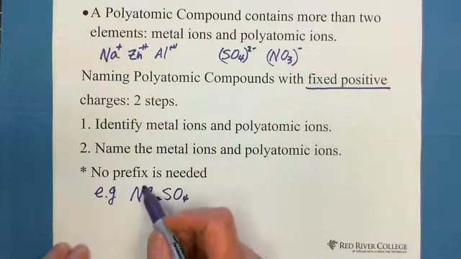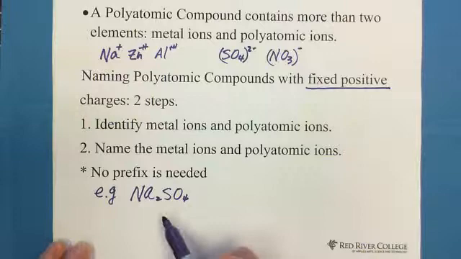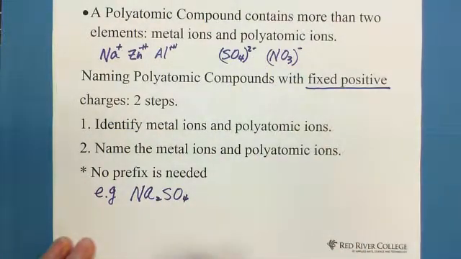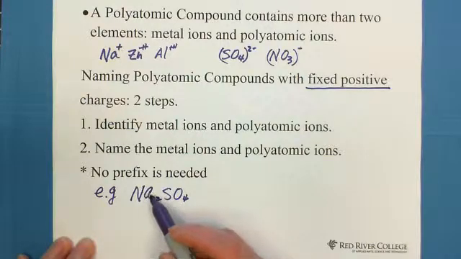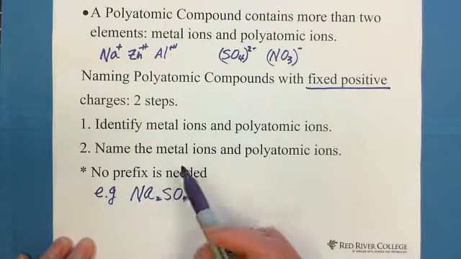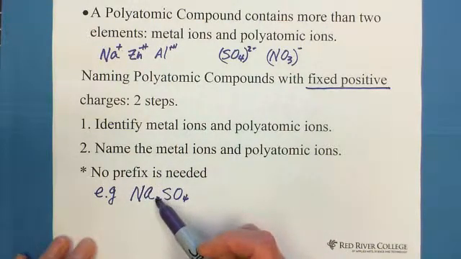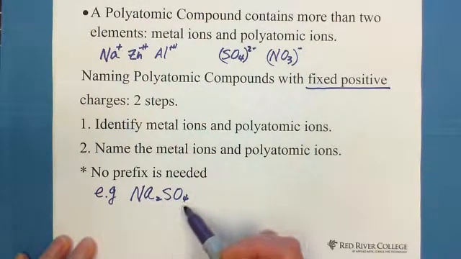First of all, identify. Na is a metal ion with a positive 1 charge, because its charge is fixed. SO4 is sulfate with a 2 negative charge. The subscript 2 on Na is related to writing the formula.